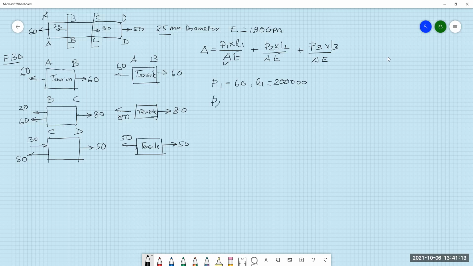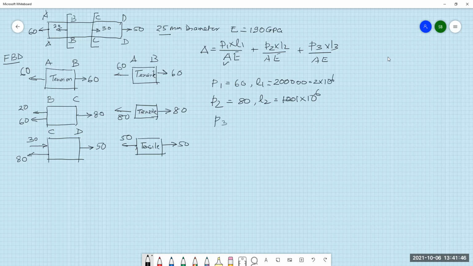P2 is 80, and L2 is given as 1 meter, which is 1 into 10 to the power 3 millimeter.